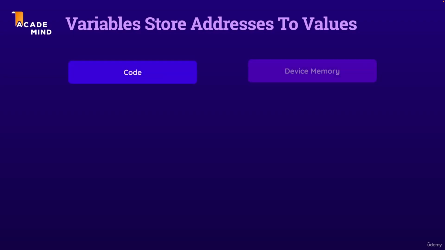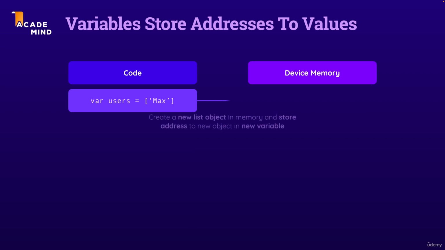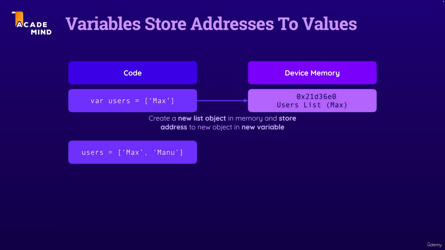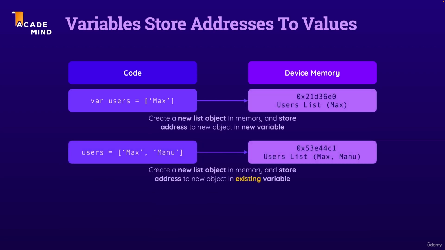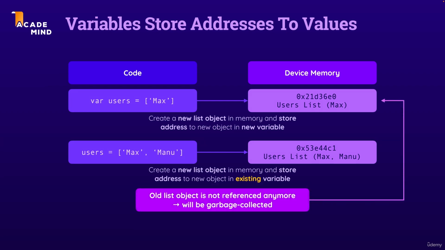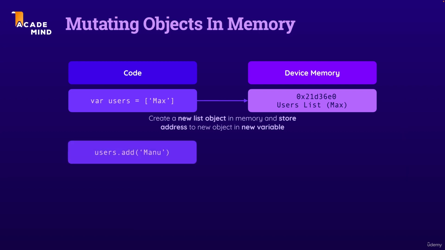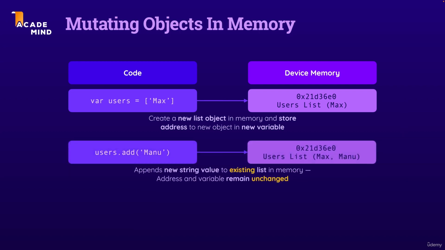And you might recall from earlier in the course that in the end, when you create objects, those objects are stored in memory, and they can be replaced with new objects which have a new address in memory, in which case the old object, if it's not used anywhere else, would get deleted. But you can also edit an existing object in memory so that the address stays the same, and you manipulate that existing object in memory instead of replacing it or instead of adding a new one.